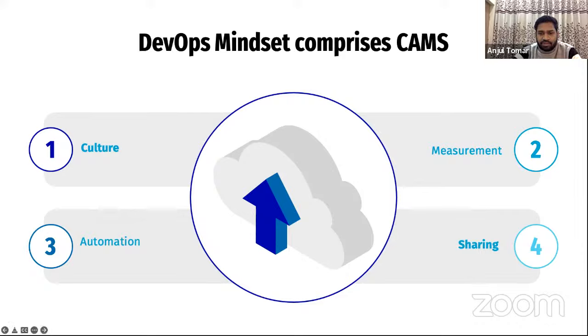Let me answer this question more specifically. DevOps, as I told you, is a mindset and a process. Cloud is a tool that enables the mindset and the process to happen, to benefit the organization. Cloud is just a part of it.